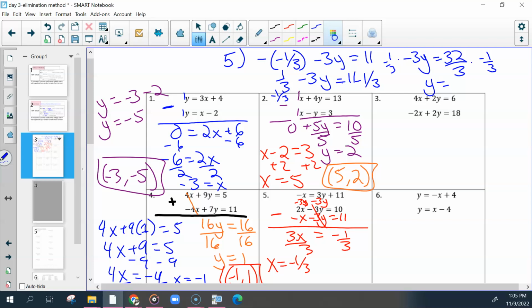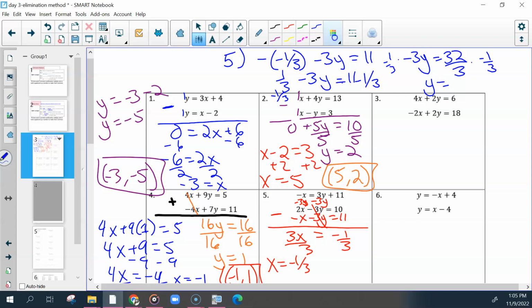What would your y value be? Do it in your calculator if you're not sure. 32 over 3 times negative 1/3.